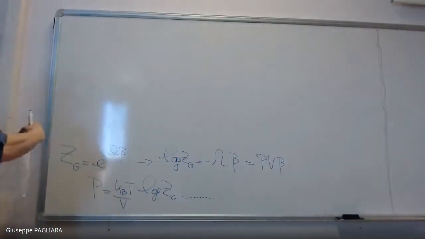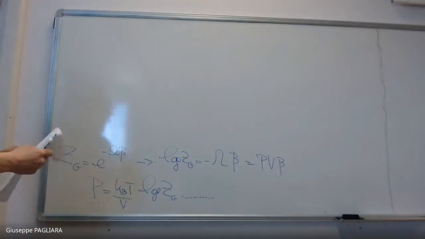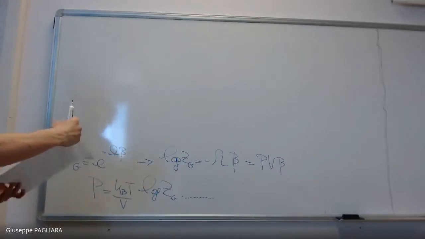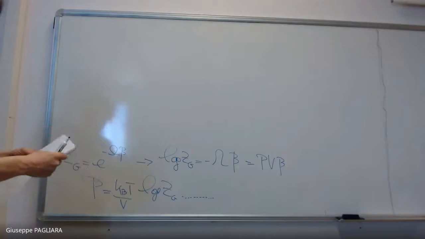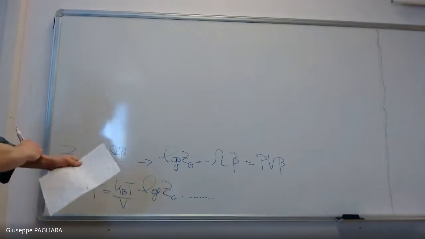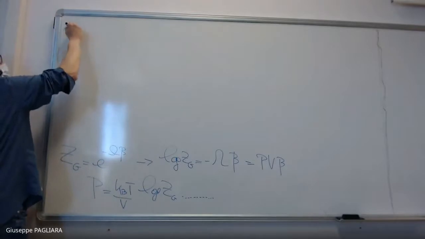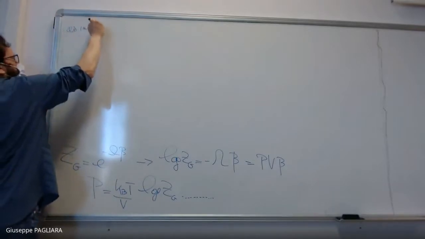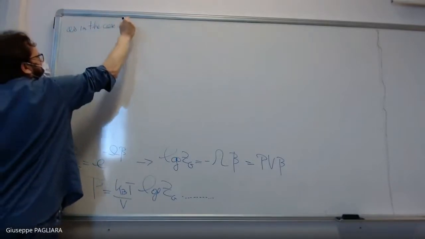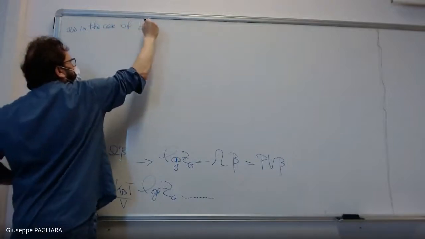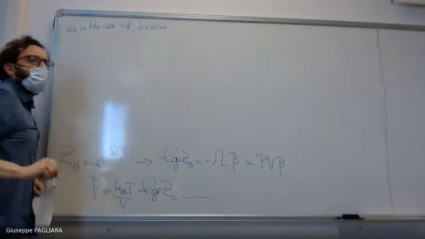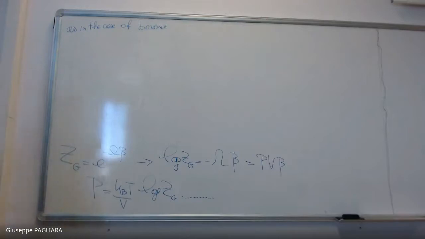Maybe it's the easiest way to do it. Otherwise, it's a little bit boring. I can use this relation as in the case of bosons, for which we have derived the result.